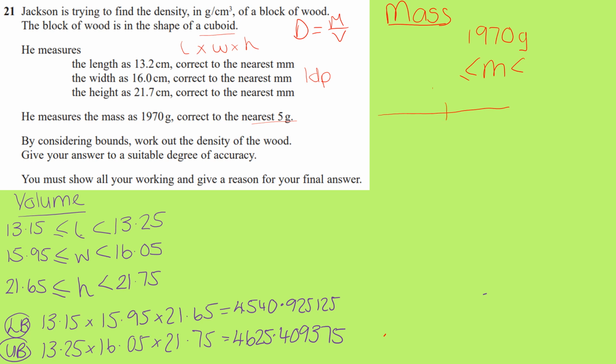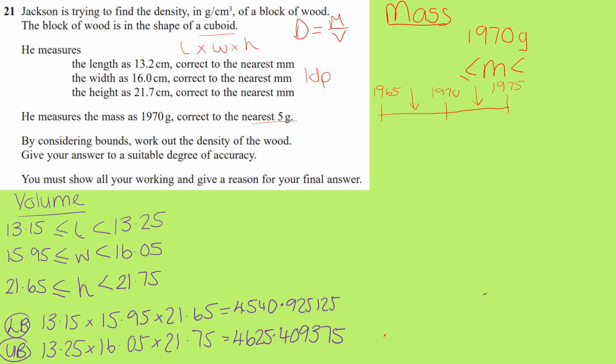In the middle, I've got 1970. If we're talking about nearest 5, what's 5 below? That would have been 1965. 5 above would have been 1975. And we know that the middle points are where I would have rounded to 1970.